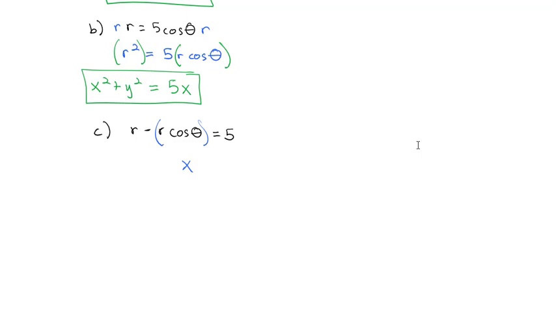This one's going to take a little bit more work to make behave like we want it to behave. But how about we do this? Let's add r cosine theta to both sides. When I do, we get r equals 5 plus r cosine theta.